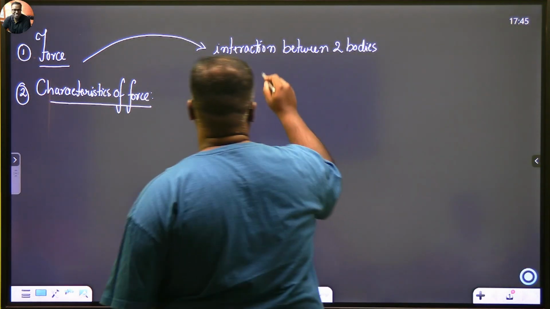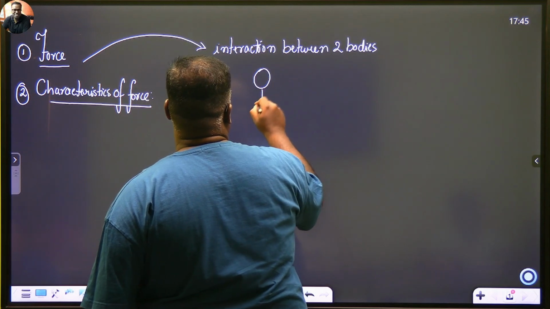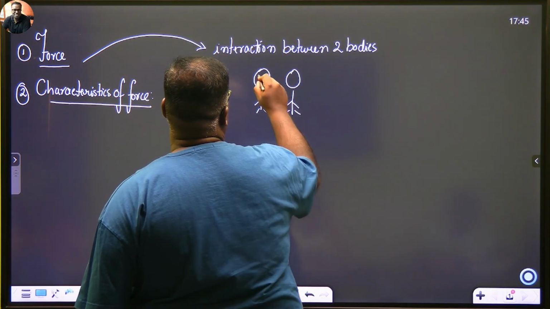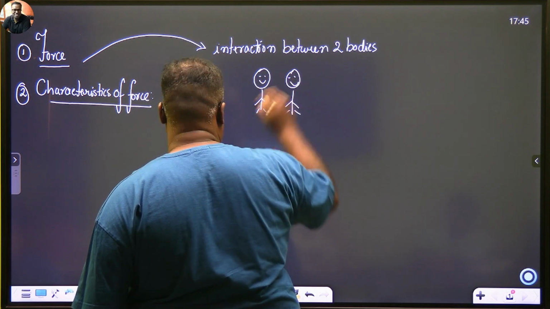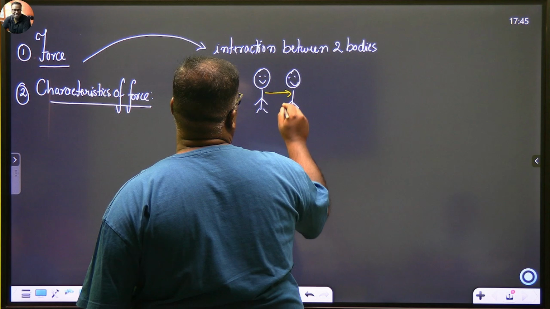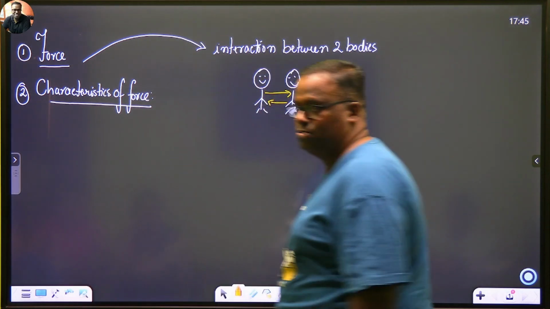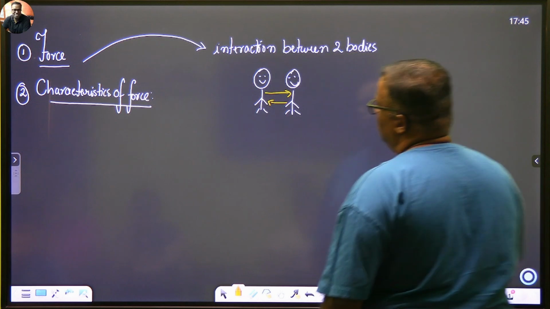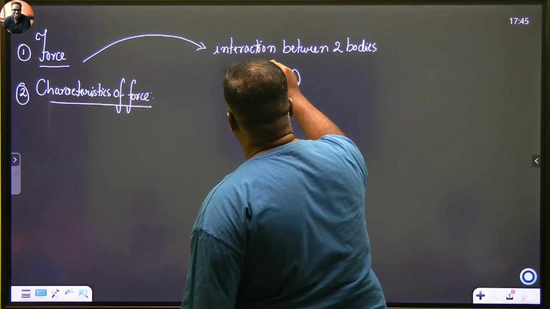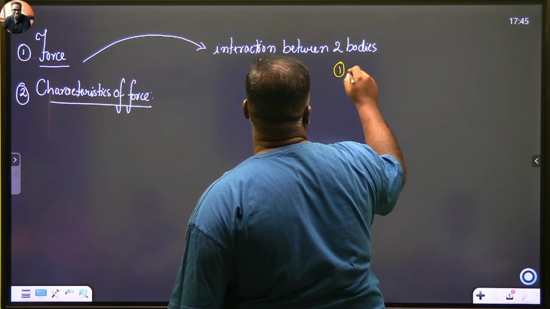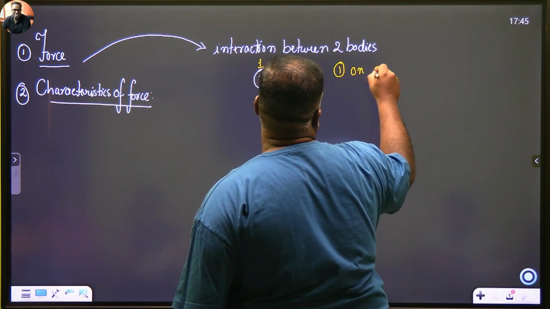Let's try to have a duel between two friends. Let's say this is one boy, and this is one more boy, and they're having a little bit of a fight or something. So this boy is pushing this boy, and this boy is pushing this, right? There's a force that's happening. Now, if you look at boy one and two, we are trying to look at the action of one on two.